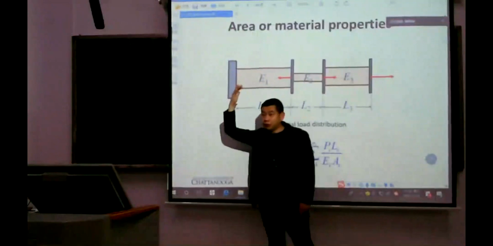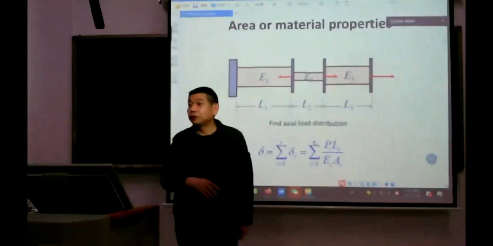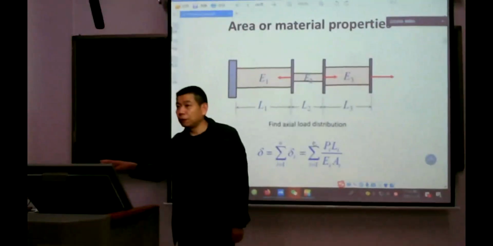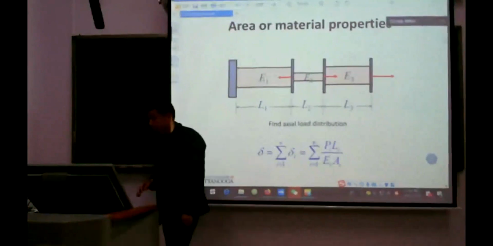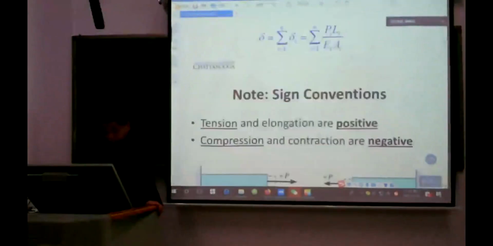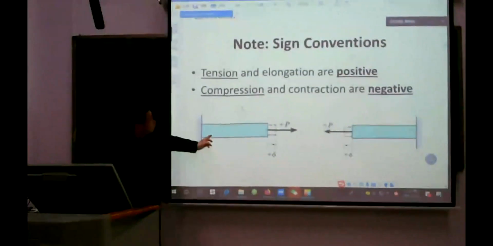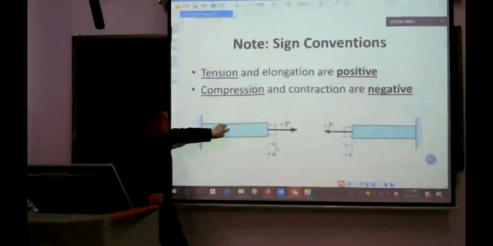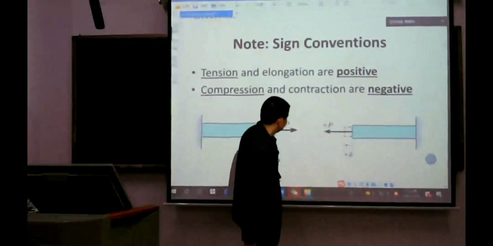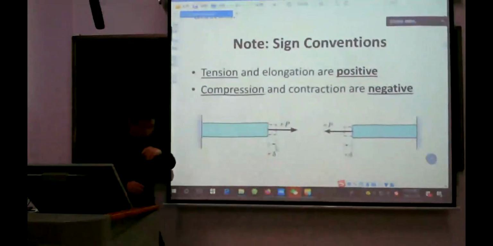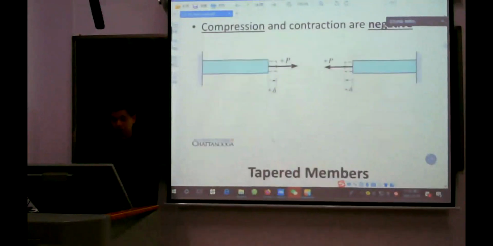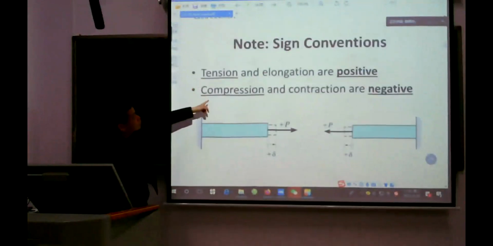The deformation will be negative. It's the same convention: when the rod is in tension, the deformation is positive. Otherwise, it is negative. Compression and contraction are negative.